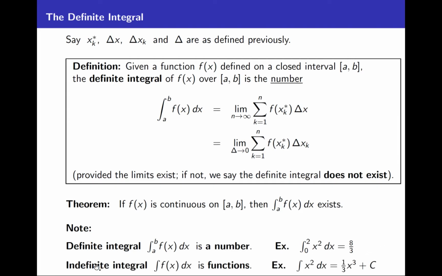But don't confuse that with the indefinite integral, which looks like this without the a and the b. The indefinite integral of f of x dx is a bunch of functions, not numbers, but functions. For example, the indefinite integral of x squared dx is the set of all antiderivatives of x squared, the functions 1/3 x cubed plus c, all of the functions whose derivative is x squared. So again, this new thing we're defining, the definite integral, is a number.